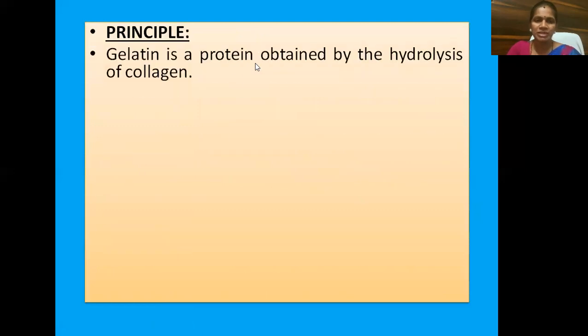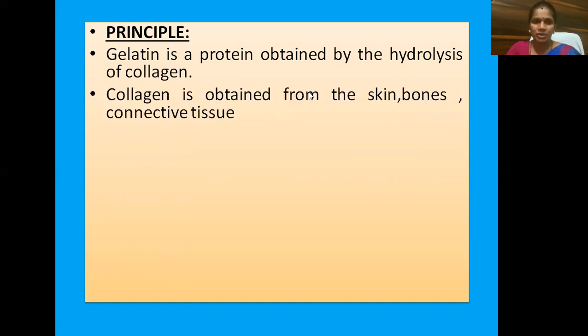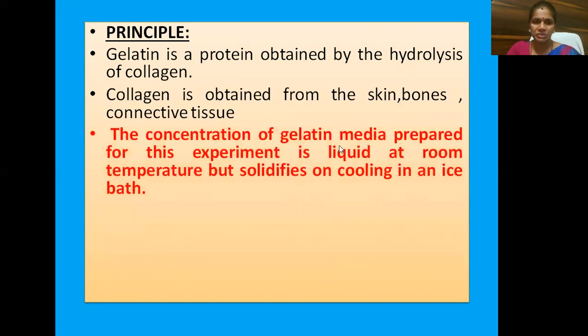Now let us go through the principle. Gelatin is a protein obtained by the hydrolysis of collagen. Collagen is obtained from the skin, bones, and connective tissues. The gelatin media prepared for this experiment is liquid at room temperature but solidifies on cooling in an ice bath.